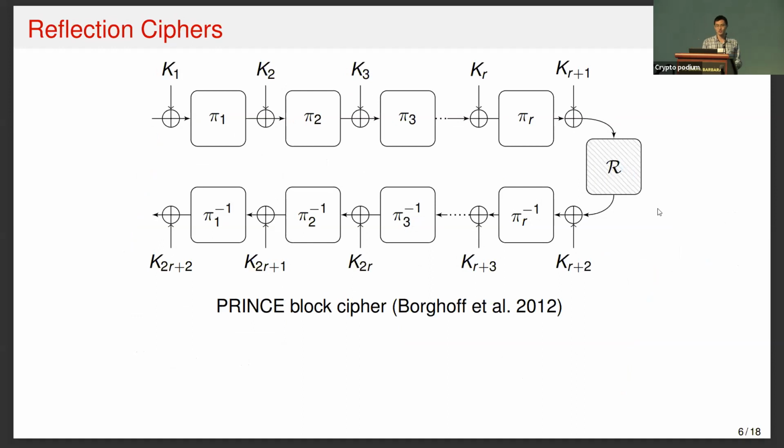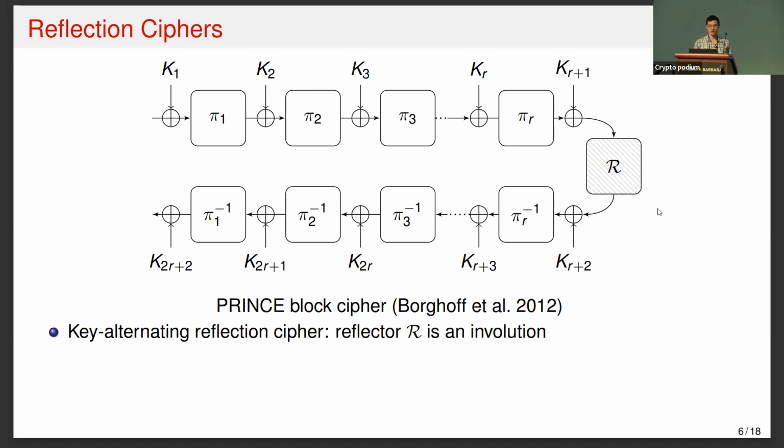The answer to this question was actually already given in 2012 by Bogdanov et al., where they introduced the PRINCE block cipher. Here you can see on the slide the internal structure of the PRINCE block cipher, and we call it the key alternating reflection cipher, where this R is a reflector, normally an involution.